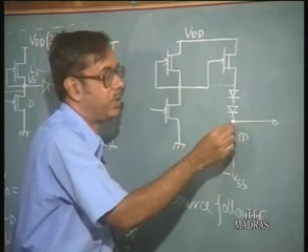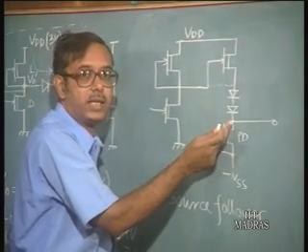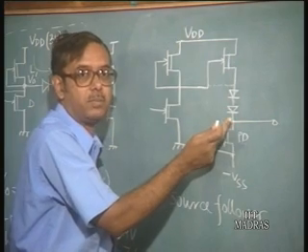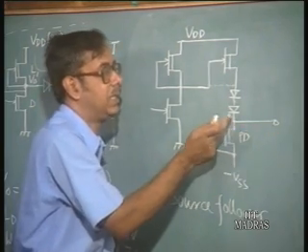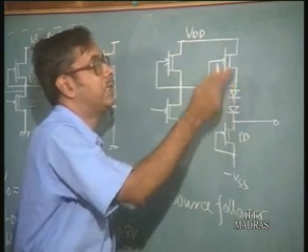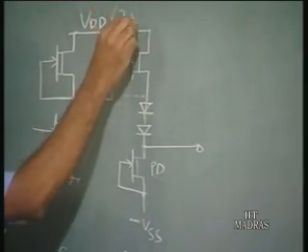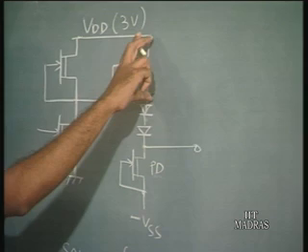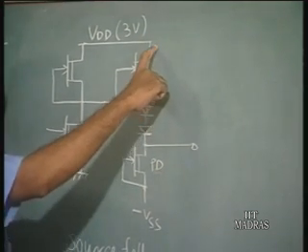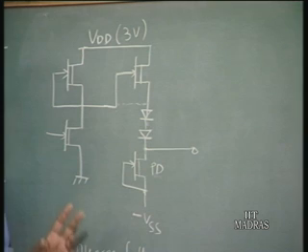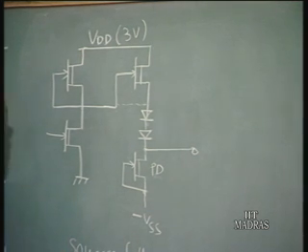That is always true, because if this is 0.7 volts here, this is the maximum value, limited by the input voltage of the next transistor. This is 0.7, this is 2.1, and if the VDD is 3 volts, you always have a minimum of 0.9 volts as the drain to source voltage of this transistor, which ensures that this transistor is always in saturation.